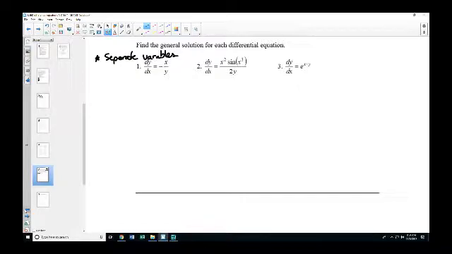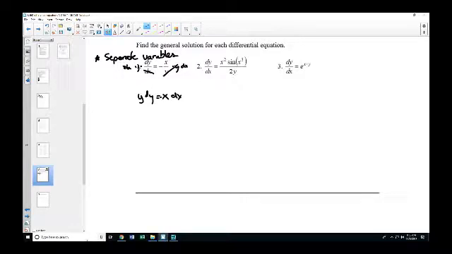So I'm going to multiply by y and by dx, because those will cancel and those will cancel. So I get y dy equals negative x dx. Then you integrate that.